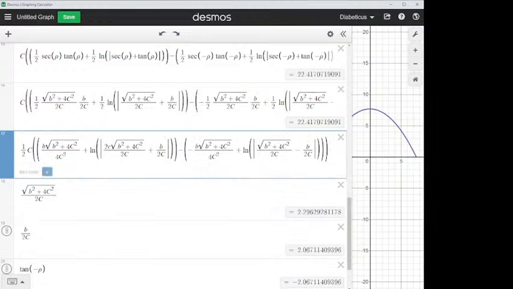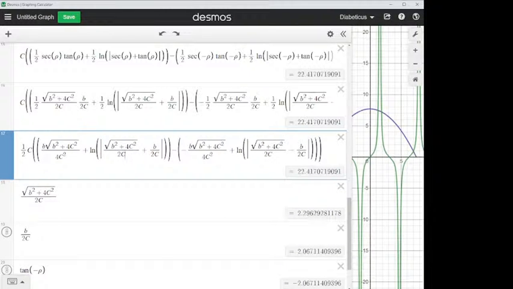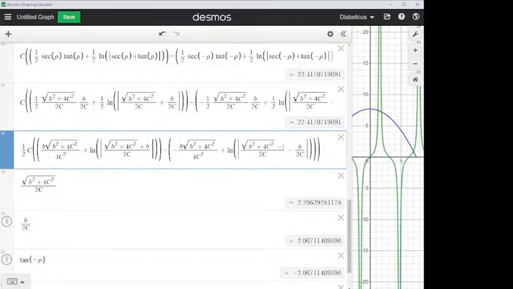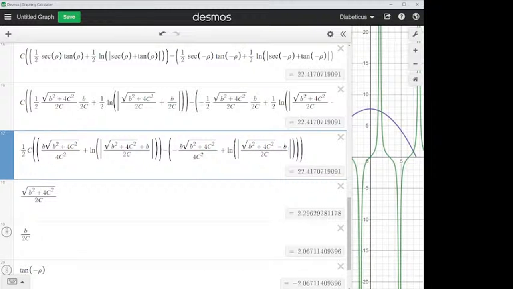Wait, what am I doing? I'm just simplifying this algebraically. So this, alright, minus b. Okay.